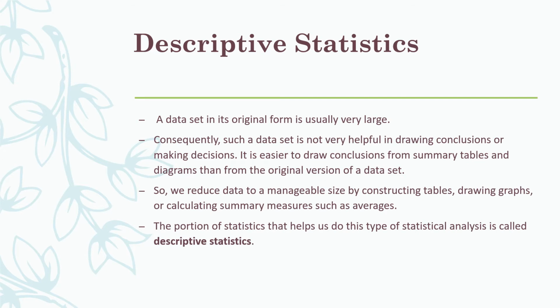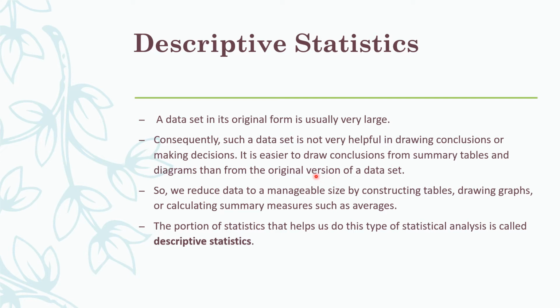Now, in its original form, a data set is usually very, very large, and it's usually not very useful in that format. And so you usually have to do a number of things to it in order to get to a point where we can use it for some sort of decision making, or to communicate some result to an external person.